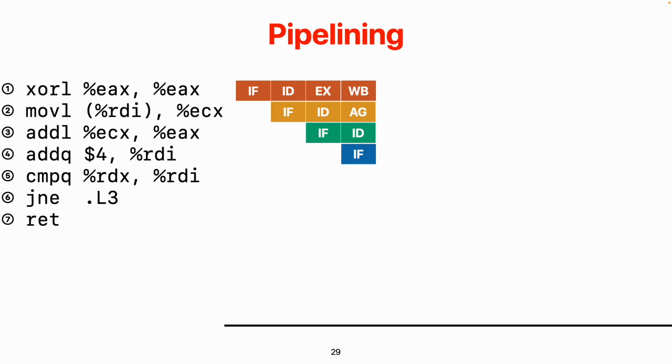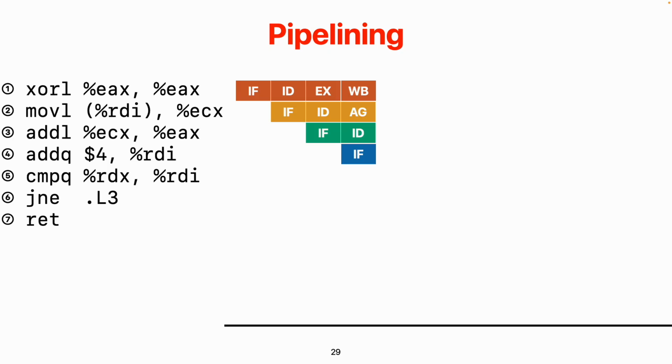Now, for the next cycle, is it safe to execute the third instruction? No, right? Why? Because the ECX hasn't been accessed from the memory yet.